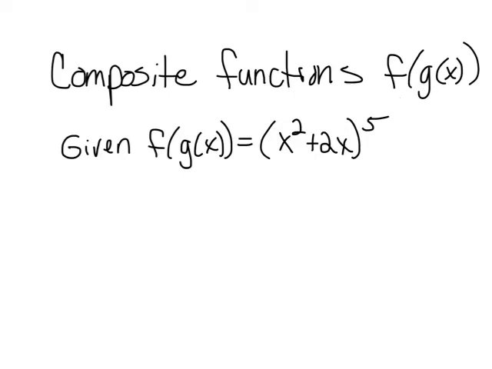For example, if I'm given f of g of x is x squared plus 2x raised to the 5th power, I know I have an inside function, and that would be x squared plus 2x. And then my outside function, we used to name it as x to the 5th, because the outside function is what you get when you replace the inside function with x.